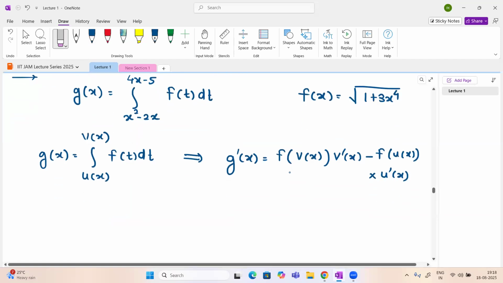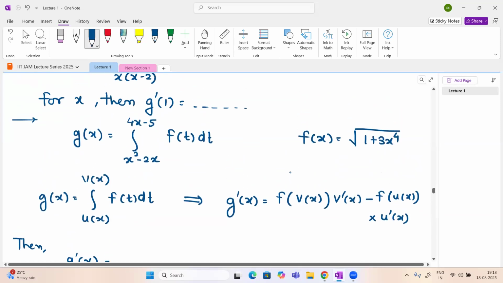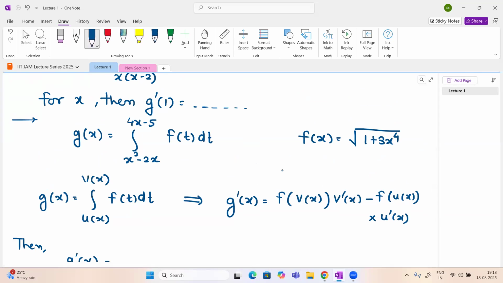Now tell me, Leibniz rule, right? Then tell me what will be g dash of x here. If you use this formula, g dash of x will be, this is my v, 4x minus 5. F of 4x minus 5, in place of t I will put the upper limit first.